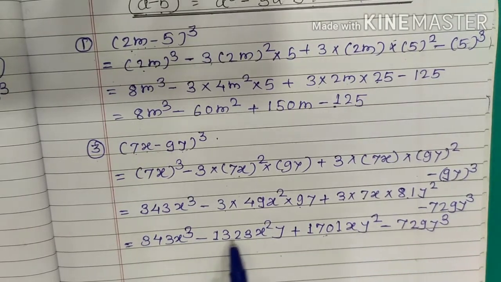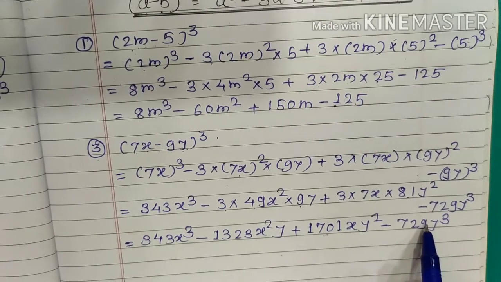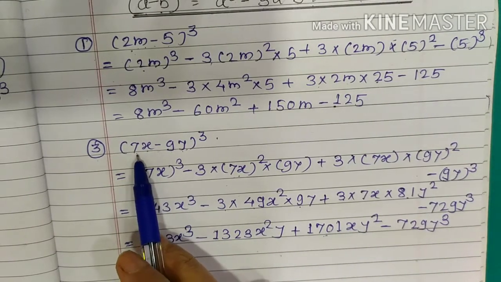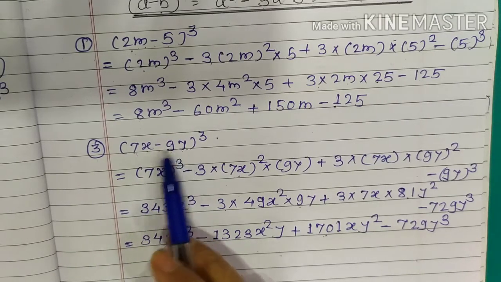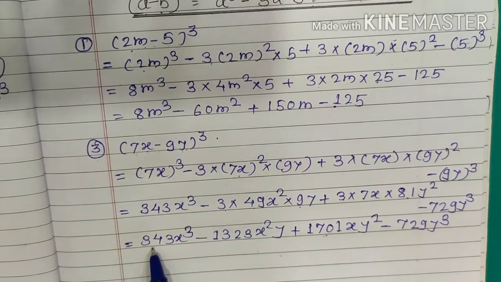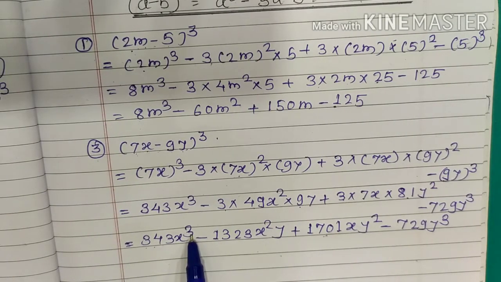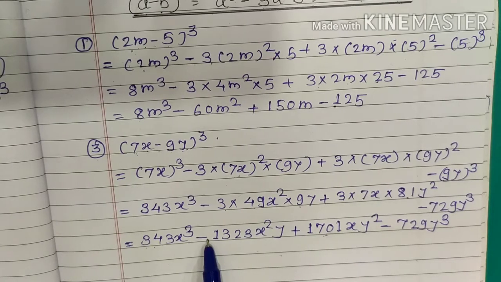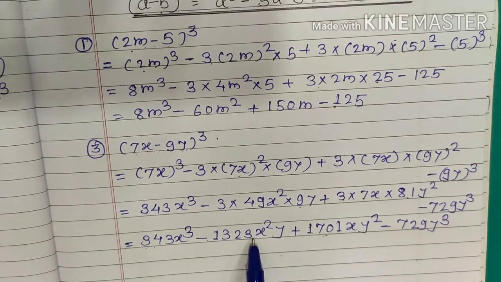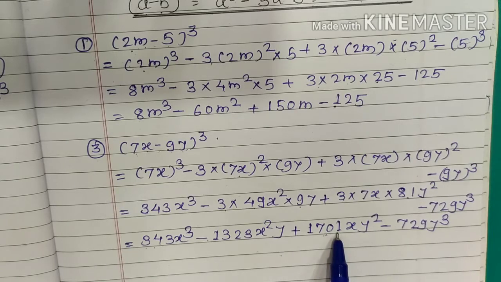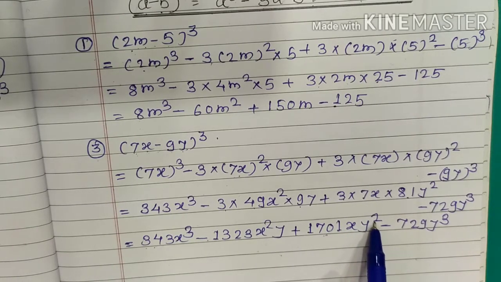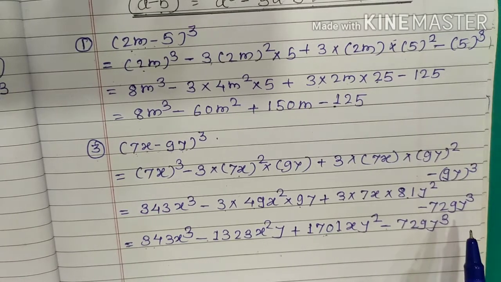So this is the expansion of (7x minus 9y) cube, equal to 343x cube minus 1323x square y plus 1701xy square minus 729y cube.